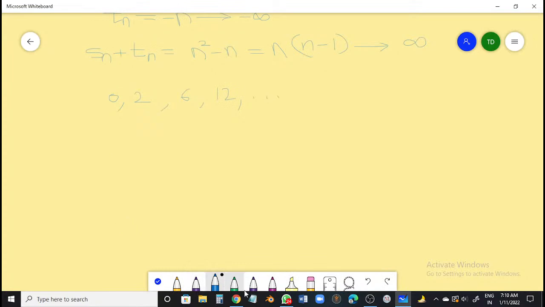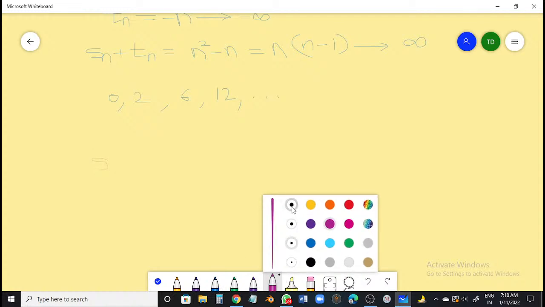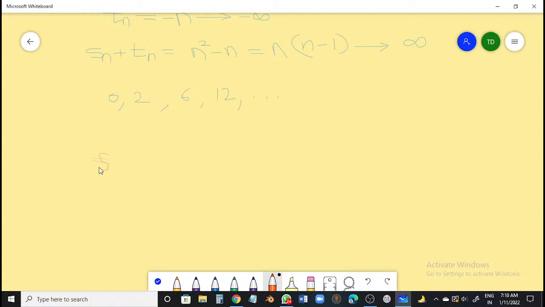Suppose I have the sequence Sn as n plus 7. So obviously it diverges to infinity. And let us have Tn equal to n only. So I know it also diverges to infinity.